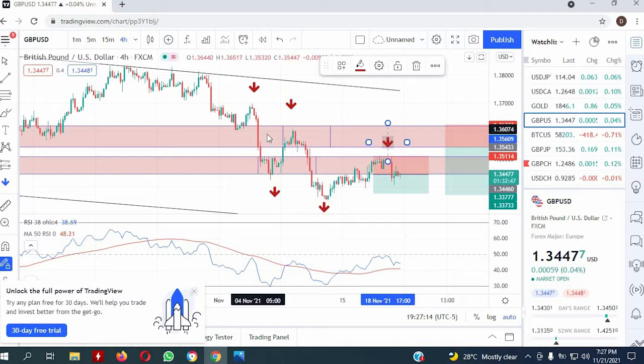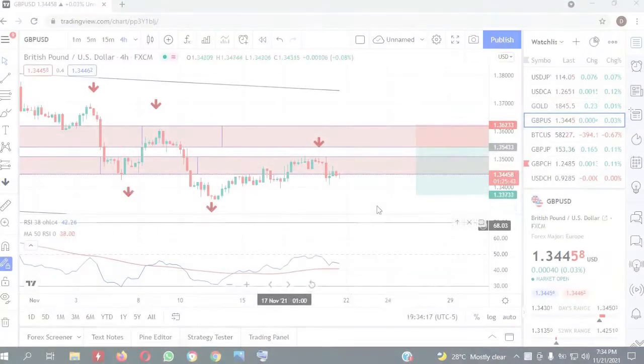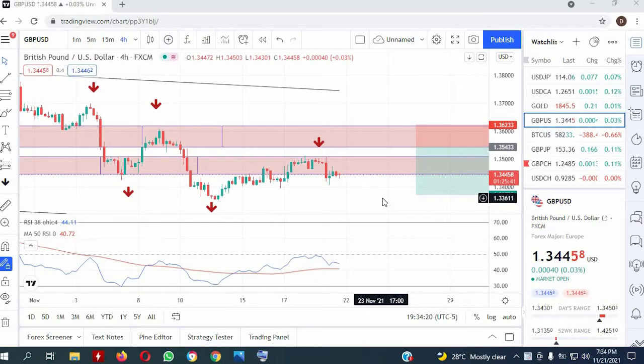So if the GBP USD is respecting the bear trend, it should take out this lower low right here and continue further down. The GBP USD will come back to this area for a retest. If it doesn't break through this area, it will push further down.